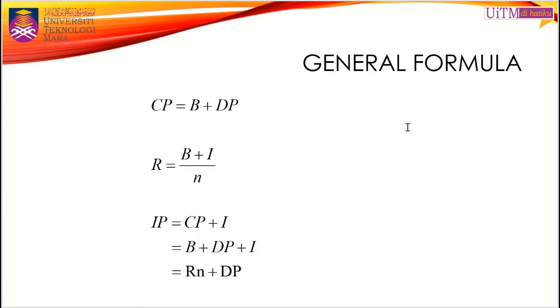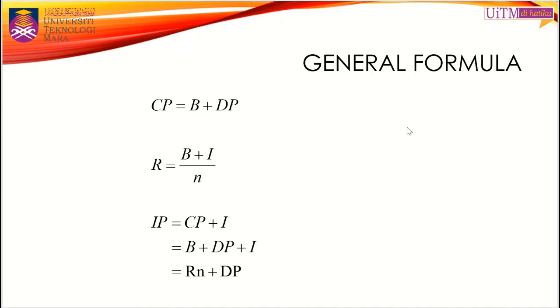And lastly, for the installment price, you can use three formulas. Just choose whichever formula has the information available. For example, to find the installment price, you can use cash price plus the interest paid, or you can use balance plus the down payment plus I, the interest.